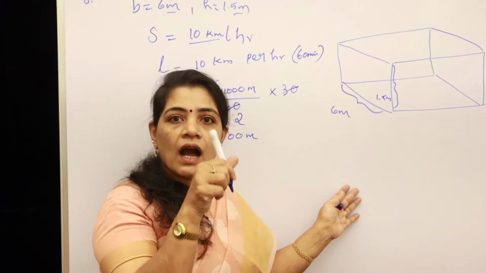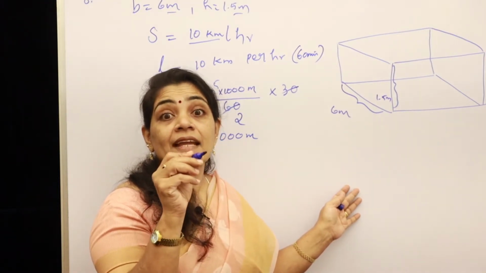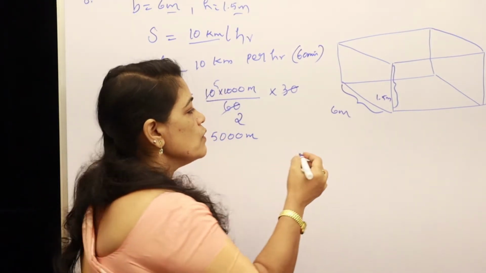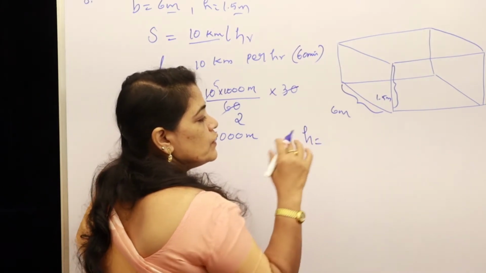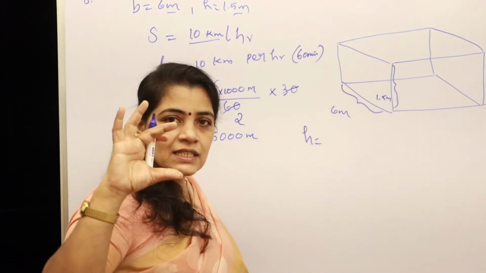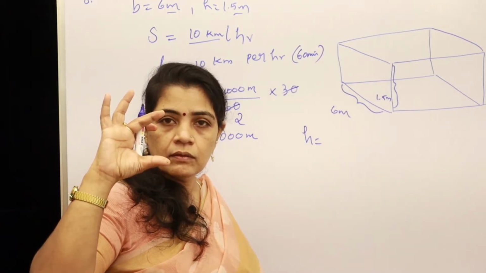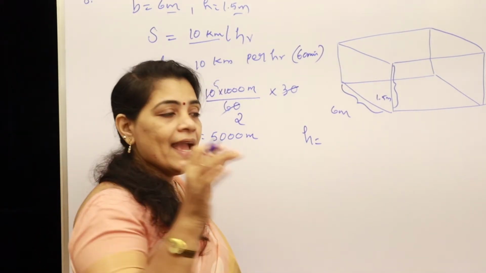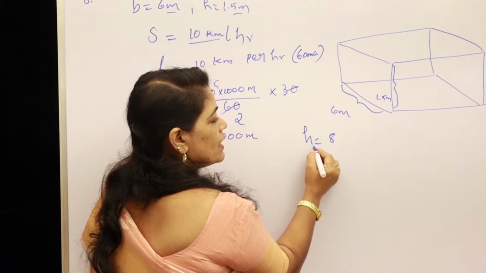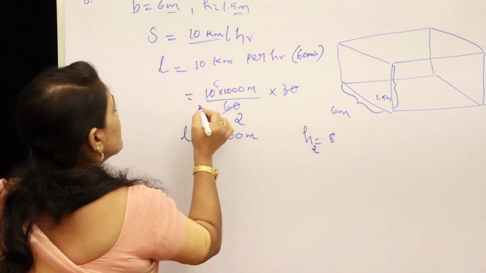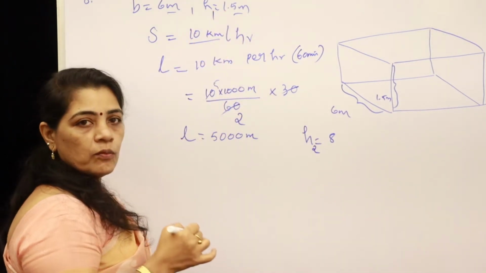There we need the height of the water column, which is 8 centimeter. The height of the water in the land we can represent with H2, because we already have H for the cuboid canal.